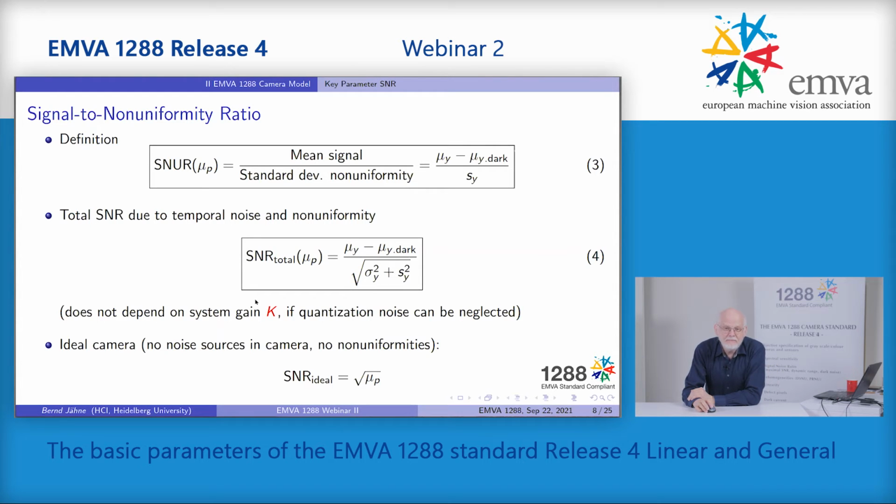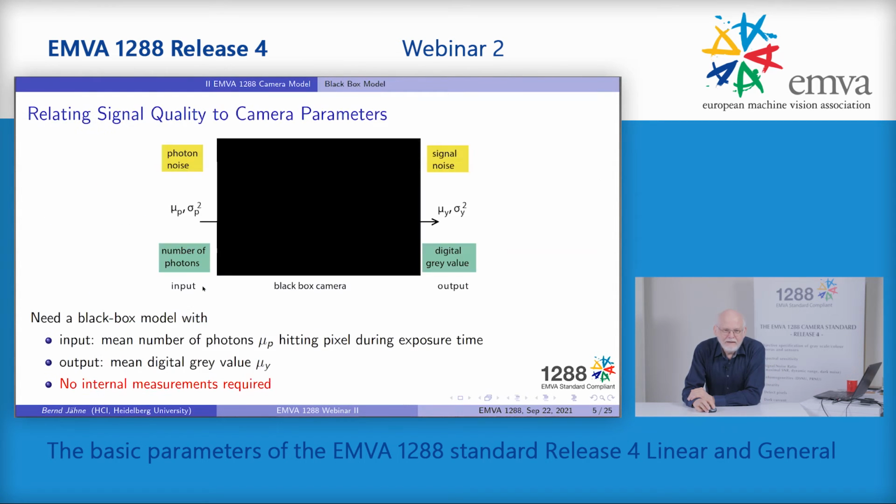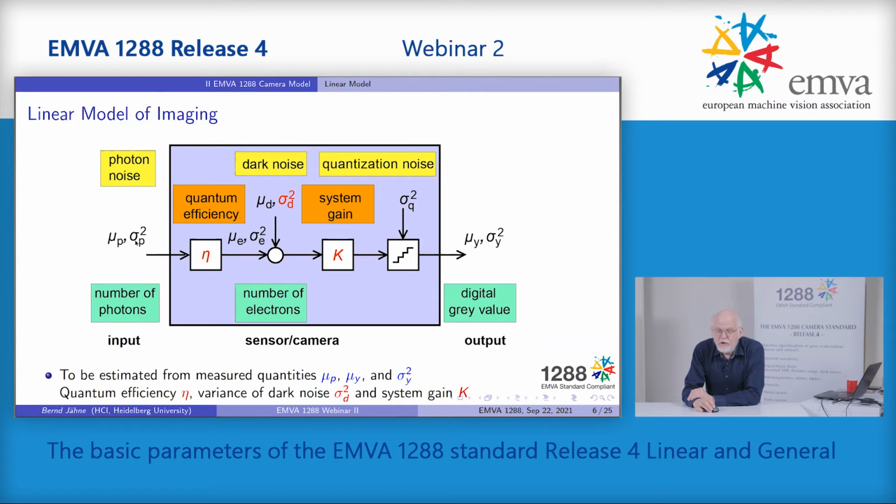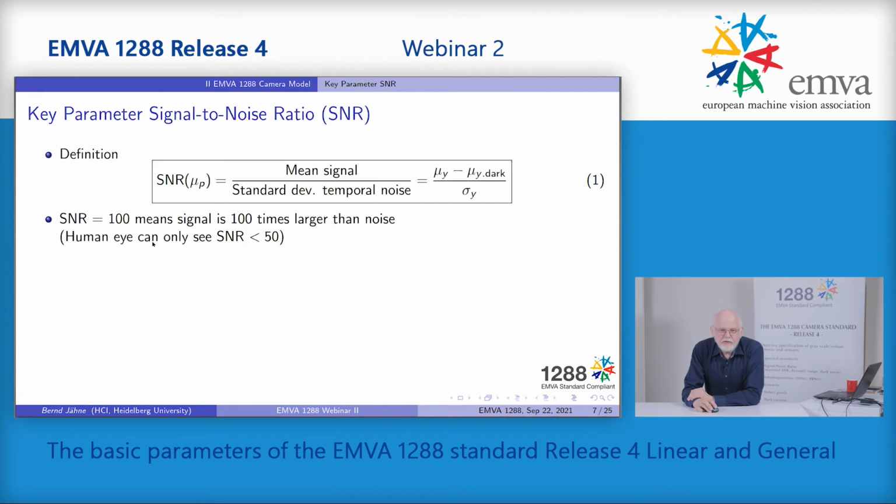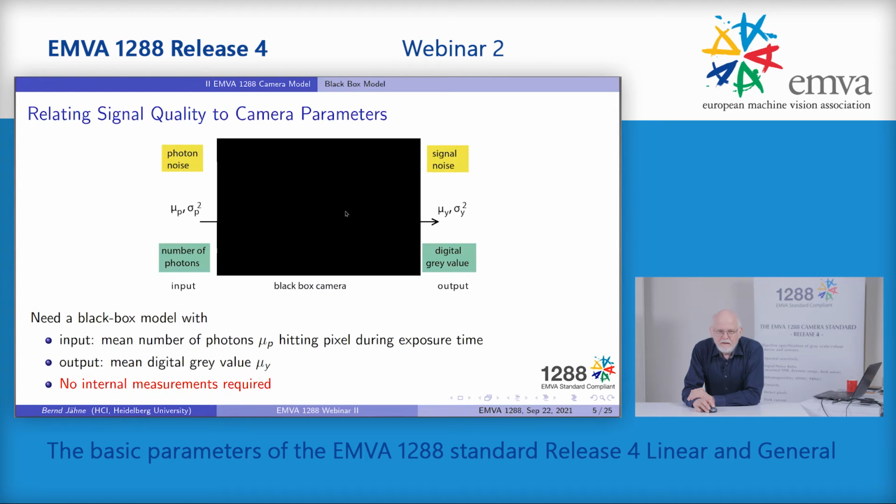And the reason is simply, let me go back again, that we have already a noisy input. So we cannot get rid of that noise. And so the question is very simple. If there are no additional noise sources inside our black box, that is the best that the camera manufacturer can do, then we have only the input noise.